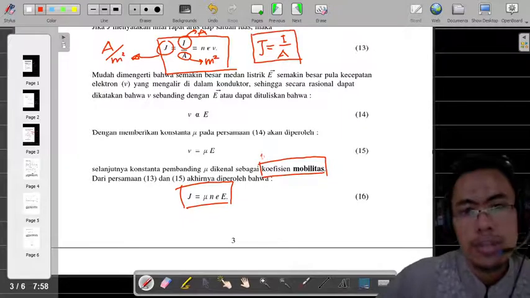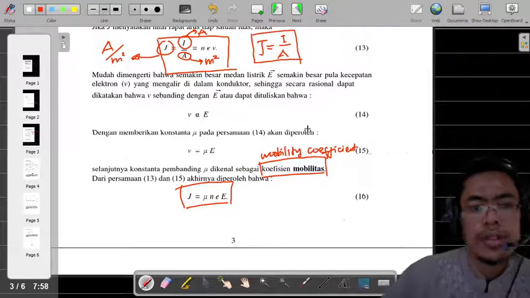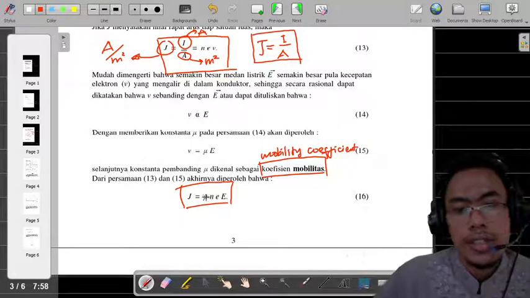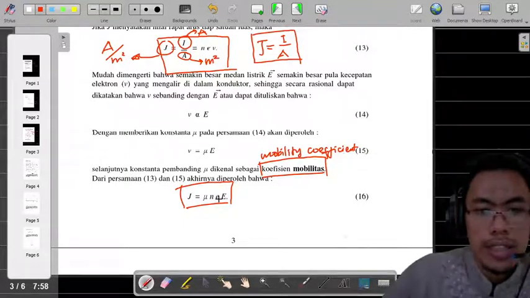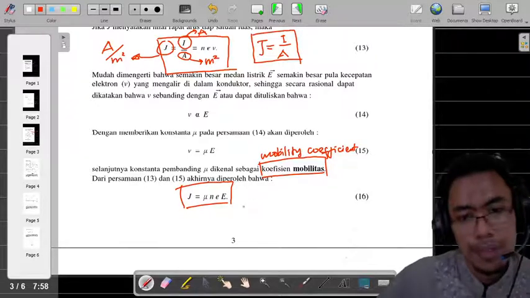So mobility coefficient. The N is total amount of electron in a conductor, and then the e is single value of electric charge of electron, and then E is electric field.